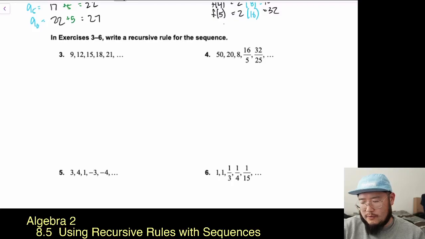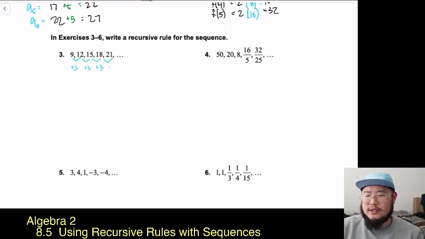I will look from 9 to 12, that's plus 3. 12 to 15, plus 3. 15 to 18, another plus 3. 18 to 21, plus 3. So this right here, I know that we have is arithmetic. Okay, we got an arithmetic sequence.